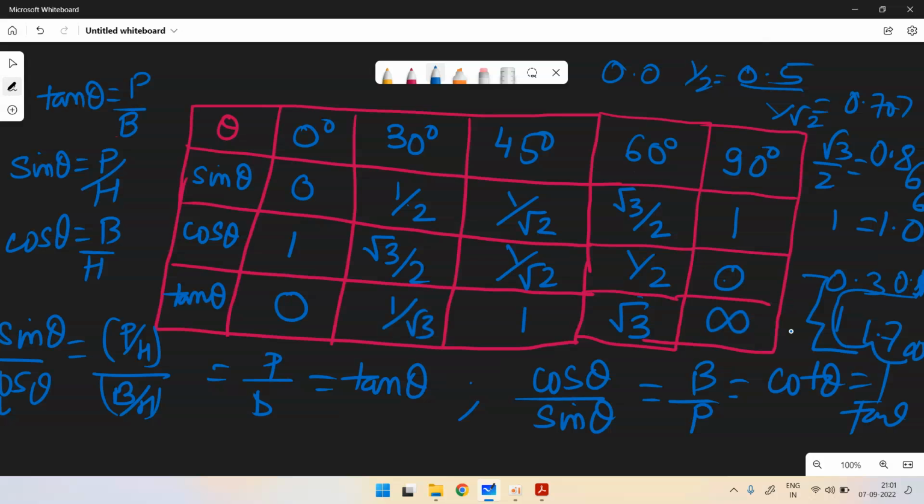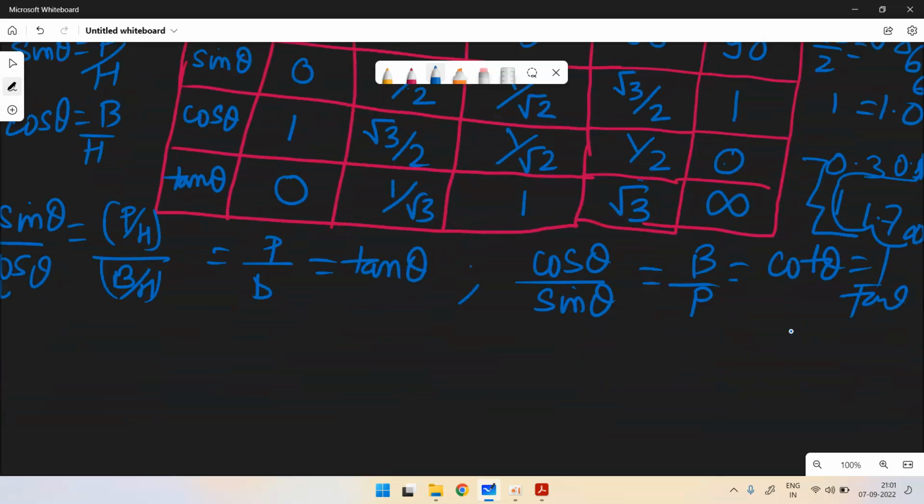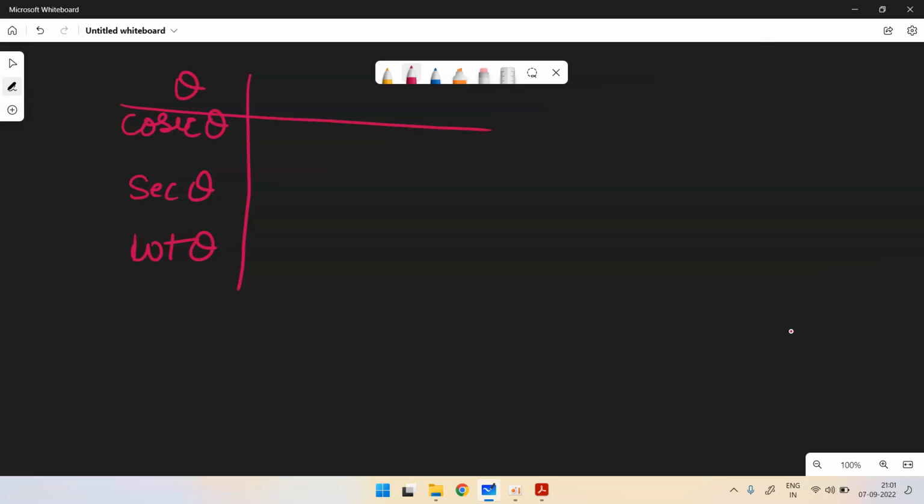Now sir, what is cosecant, secant, and cot theta? So this is exactly the inverse of this. So if I draw this table again, I write here cosecant theta, secant theta, and cot theta, and the value of theta is nothing but this.